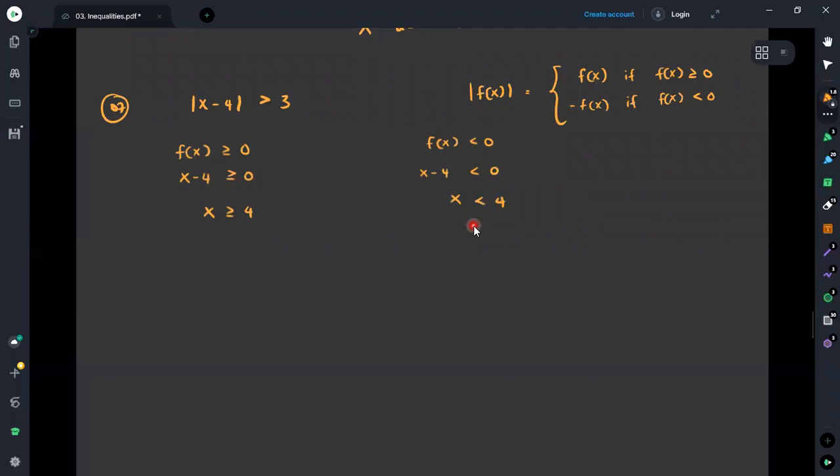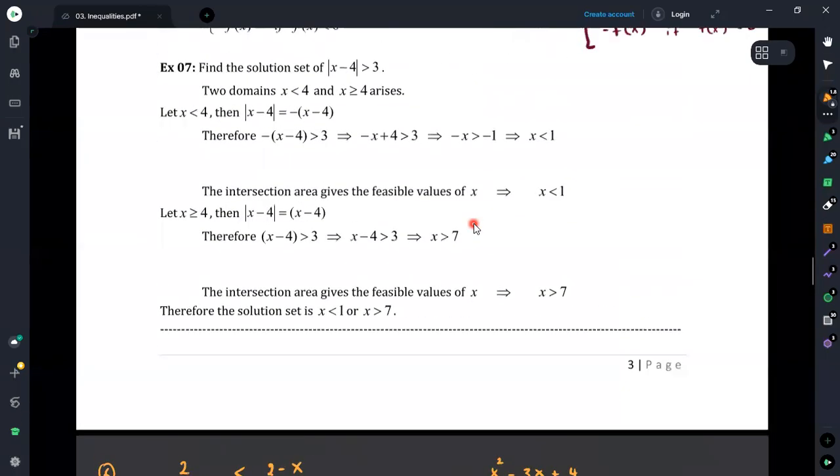Therefore the two domains are x less than 4 and x greater than or equal to 4.